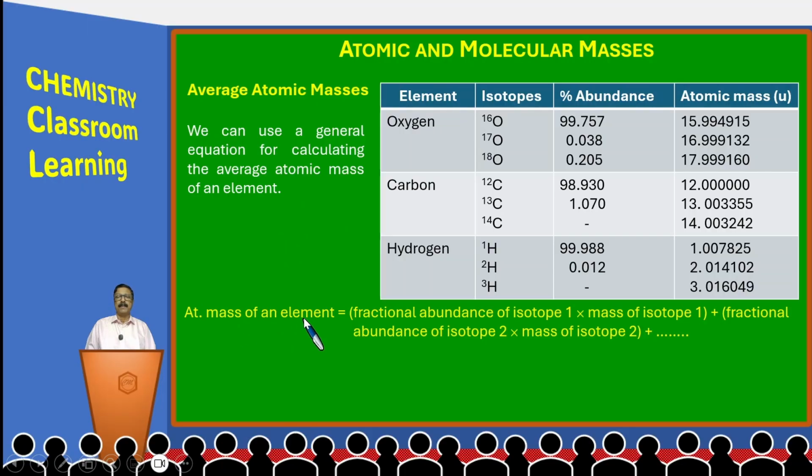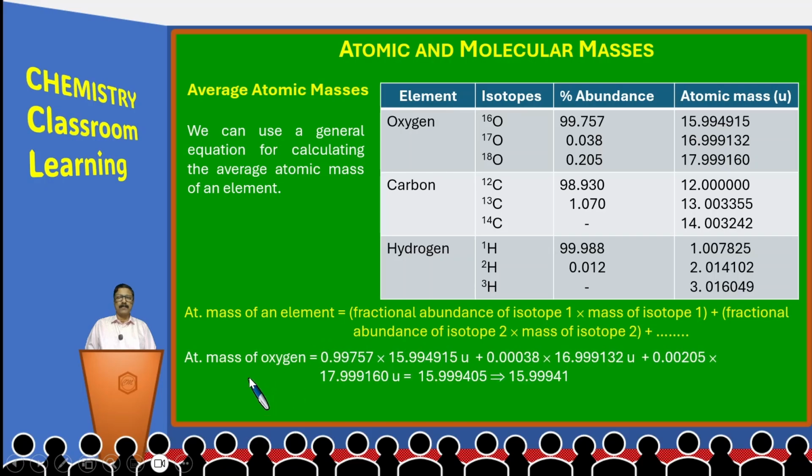Atomic mass of an element is equal to fractional abundance of isotope 1 into mass of isotope 1 plus fractional abundance of isotope 2 into mass of isotope 2 plus etc. Fractional abundance means the percentage abundance divided by 100. For oxygen 16, the percentage abundance is 99.757 and we divide it by 100, we get 0.99757.